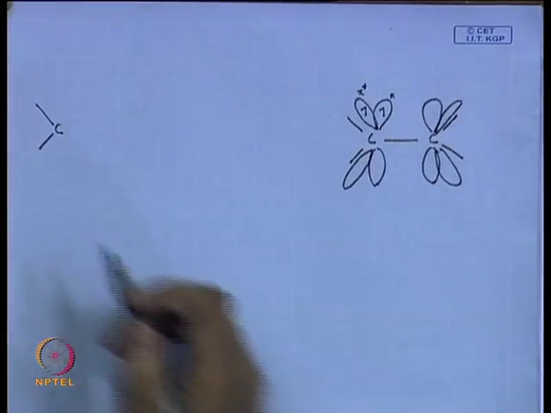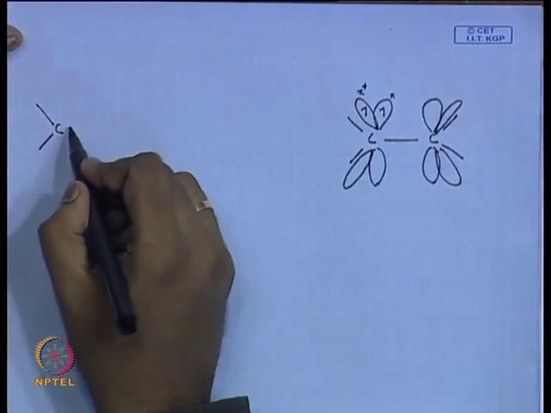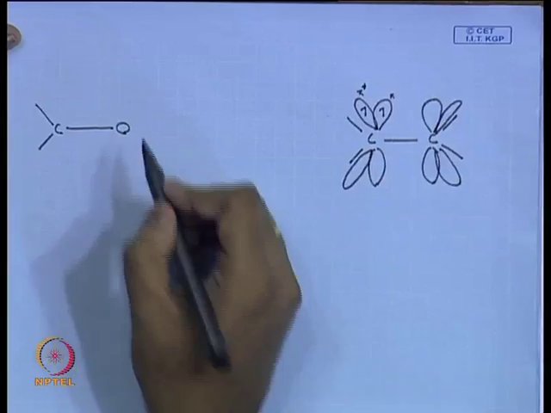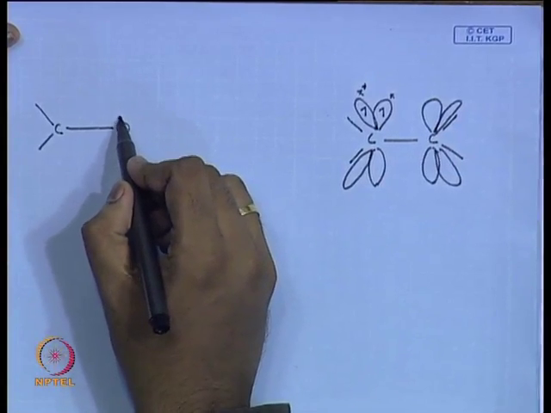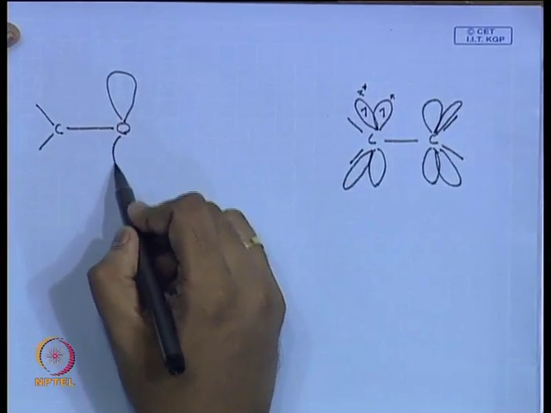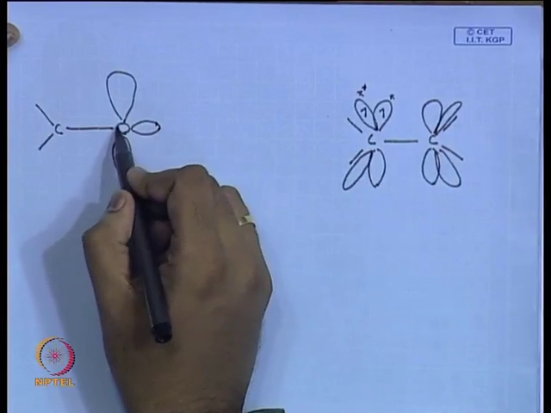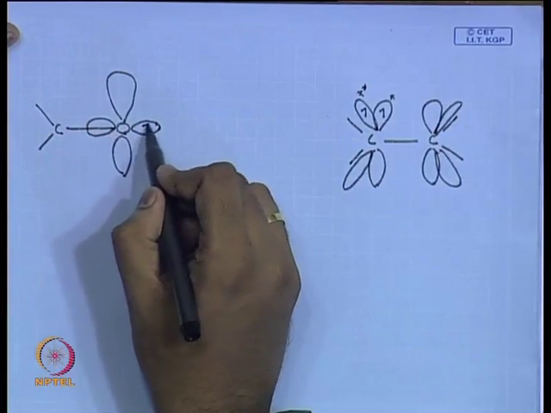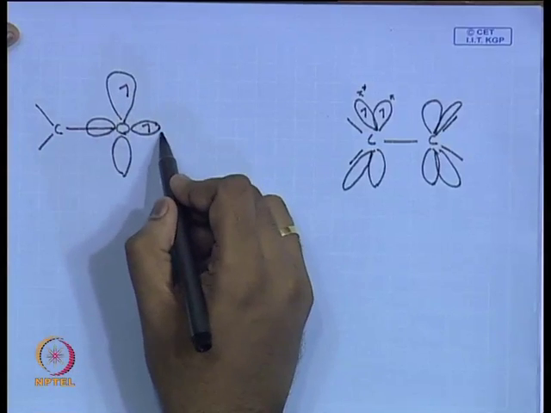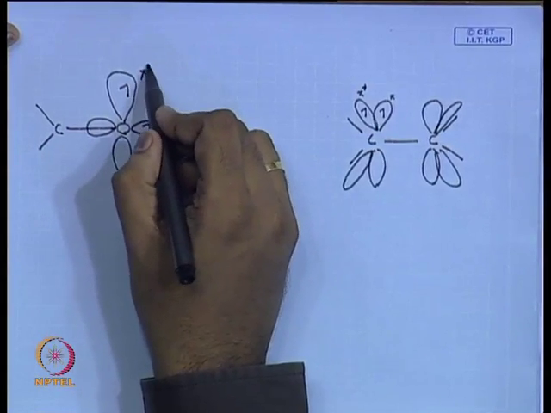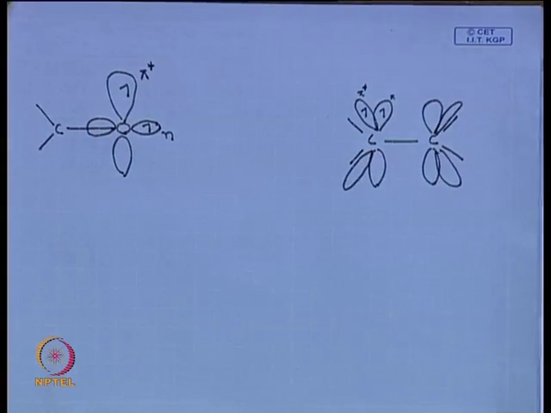When I draw for my n pi star, now you can see the repulsion in n pi star, right.